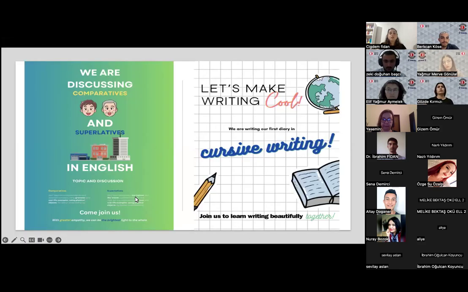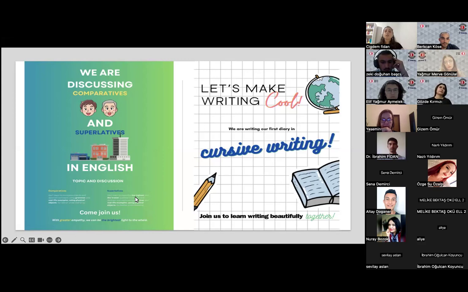So these are two examples that are prepared by my brilliant students at Middle East Technical University. I got permission from them. So these are two posters that my students prepared. The colored one is a poster prepared for deaf students.